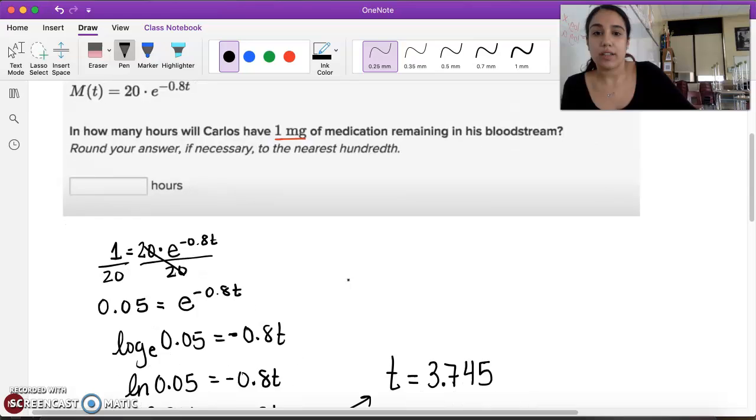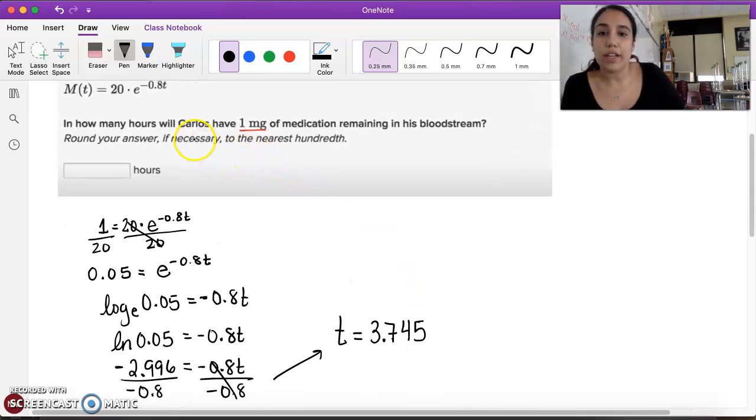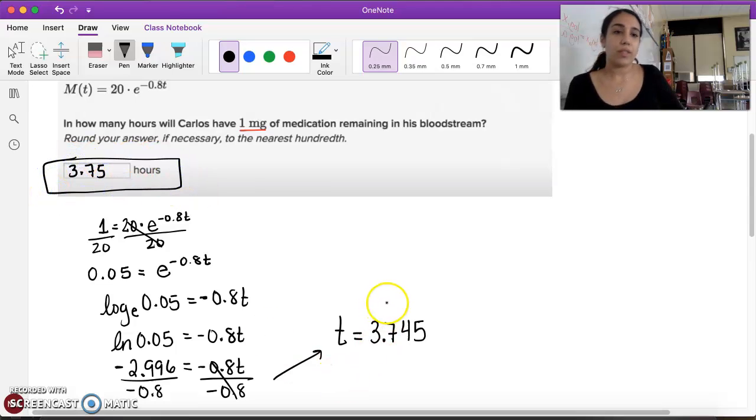So what's the answer? It says round your answer if necessary to the nearest hundredth, so it's going to be 3.75 hours. Done. We found what t was.